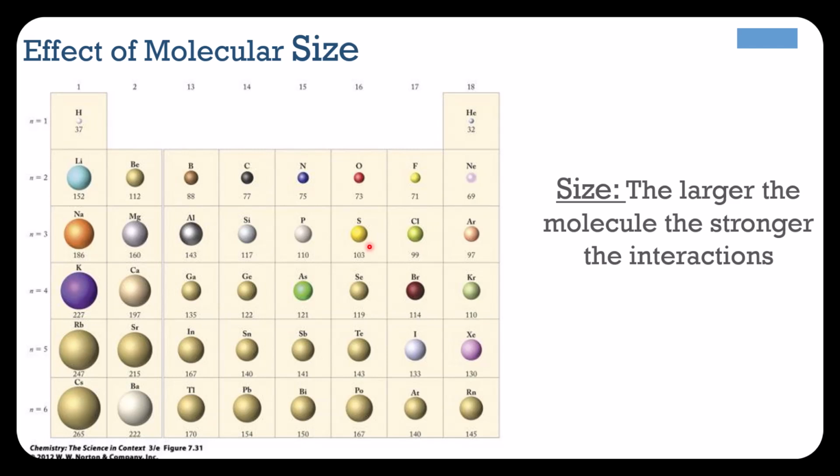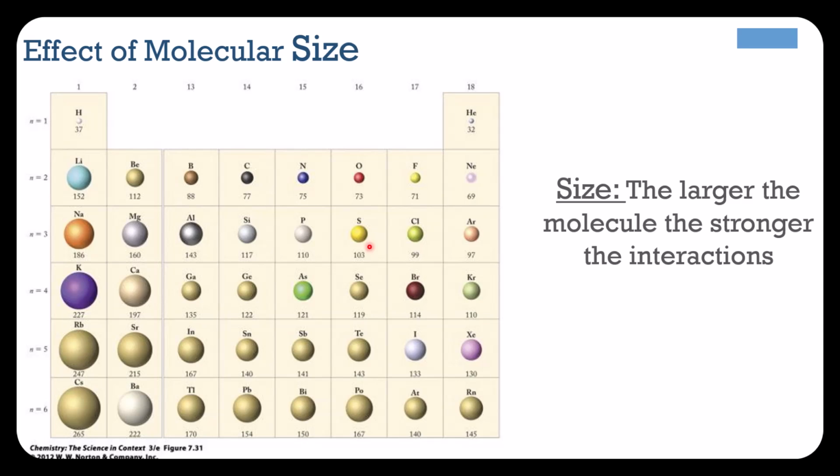As opposed to a smaller atom, it is less likely for those electron shifts to happen. And since it's less likely to happen, we won't see as many happen. So smaller is weaker, larger is stronger interactions. And that holds true for atoms, that holds true for molecules.